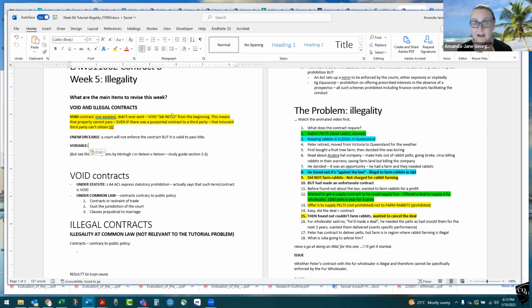Now, the only problem with a voidable contract, apart from its vulnerability, is that the vulnerability itself, the right to rescind itself, is subject to a number of rules, and you can't rescind in circumstances where equity wouldn't feel right about it.